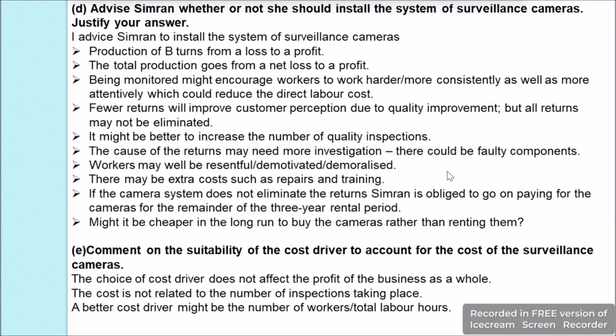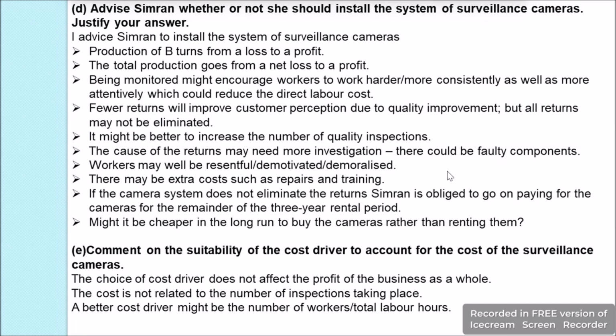However, Simran has to make sure that the returns are not due to the faulty components, but I don't think so because there was already a system of quality inspection even before the installation of the system of surveillance. So I don't think the returns were due to the faulty components.